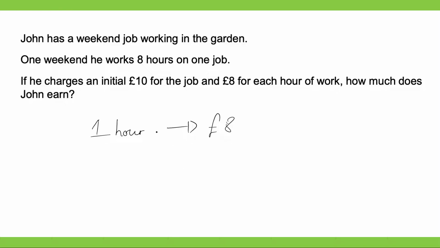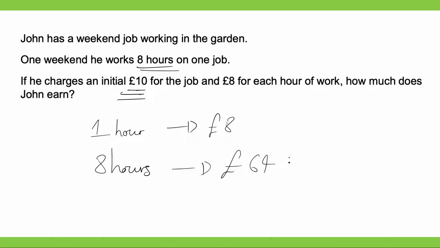So he works 8 hours. So let's do that. 8 hours, he would get £64. But now he has an initial £10. So what we would do, we would add 10 onto that, which would give us an answer of £74.